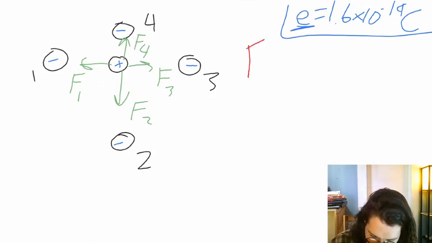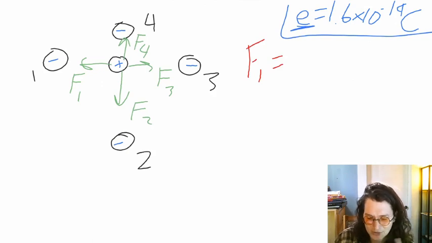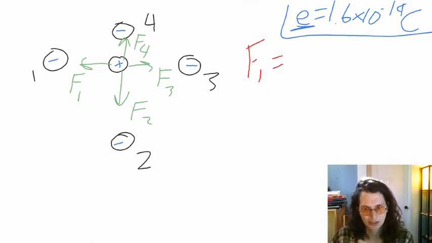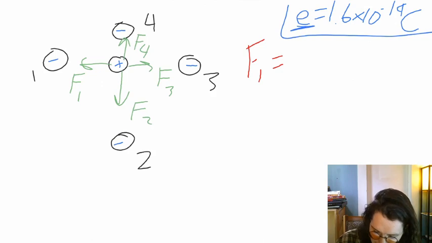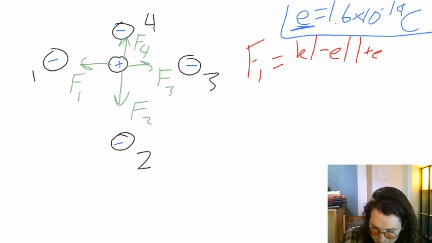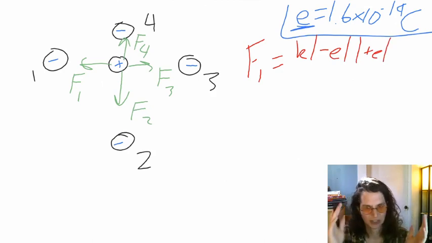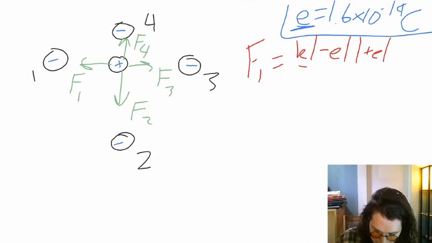So let's start with F1. F1 is going to be a magnitude, so I'm going to do K, absolute value Q over R squared. So what is that going to give us? It'll be K times the absolute value of particle 1 that's creating the force, which has a charge of negative E. Particle 5 that's experiencing it has a charge of positive E. Those are both in absolute values though, so of course you'll just end up with KE squared on top.